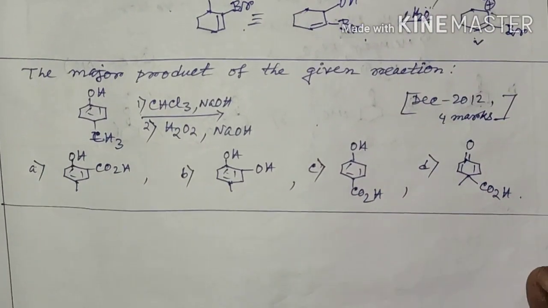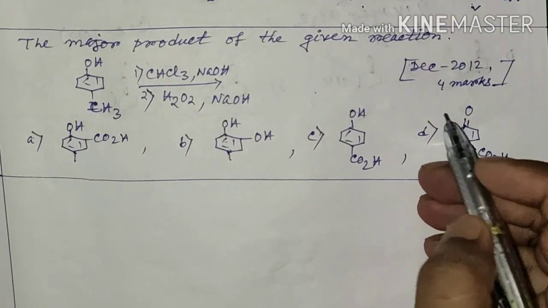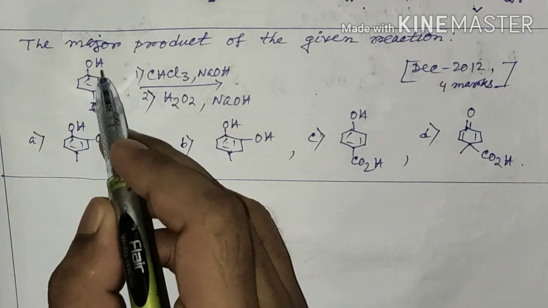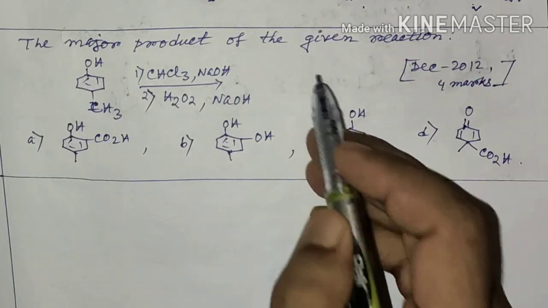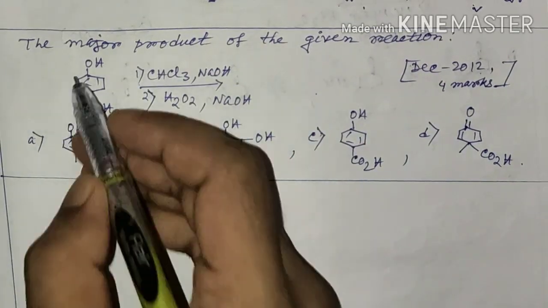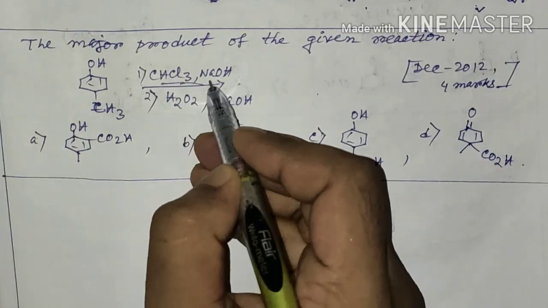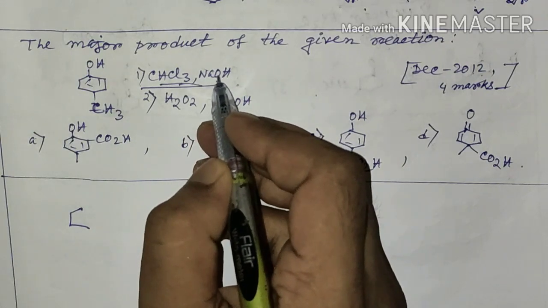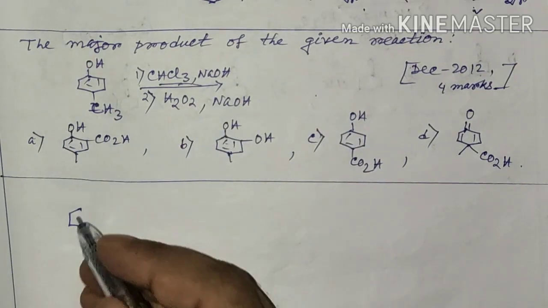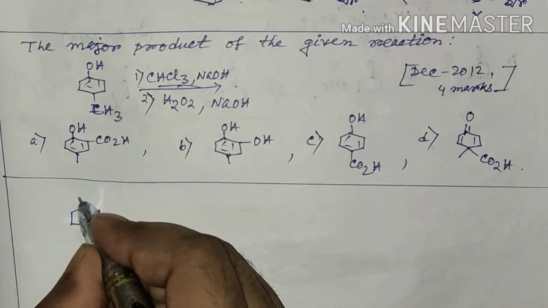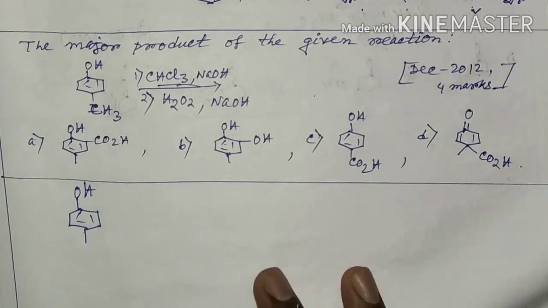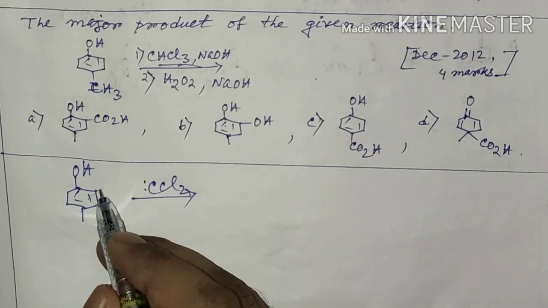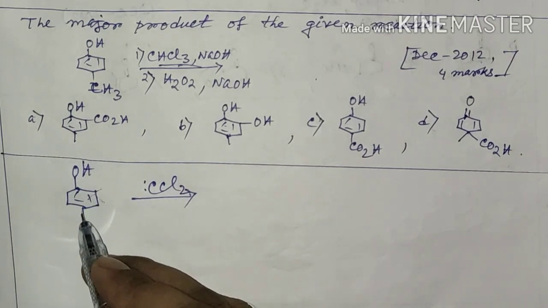So next, see the next question. This question was asked in December 2012 for 4 marks. It is given that we have to identify the major product of this reaction. From the first reagent we can see that chloroform in presence of base will form the corresponding CCl2 carbene, and this CCl2 carbene will attach at the ortho position of phenol, since the para position is blocked.